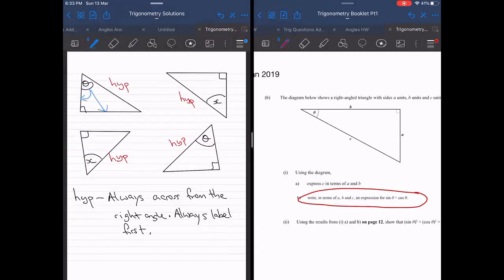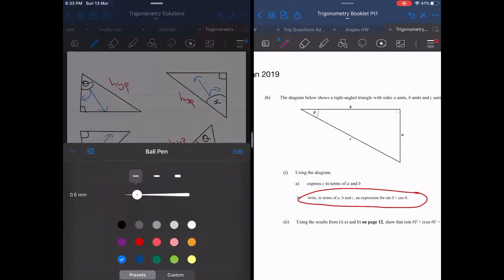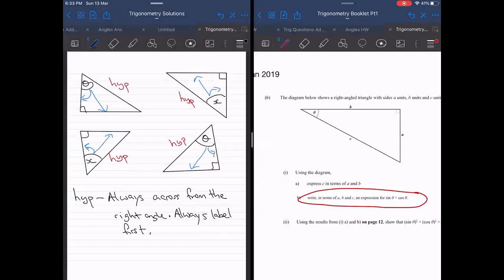That's the beauty of the triangle. You'll always only have two sides left. So that's why I tell you to label the hypotenuse first, because it reduces your chances of messing up the other two significantly. The side that you call the opposite will be across from the unknown angle.